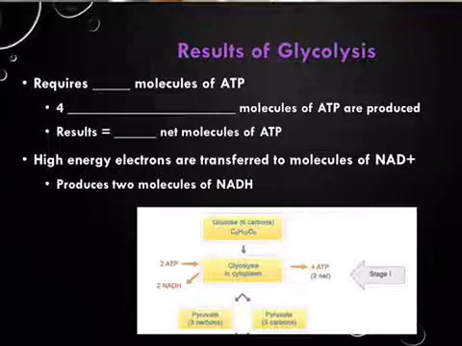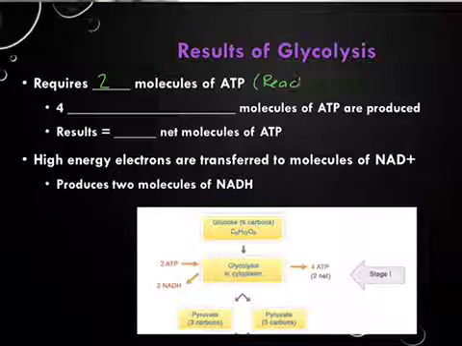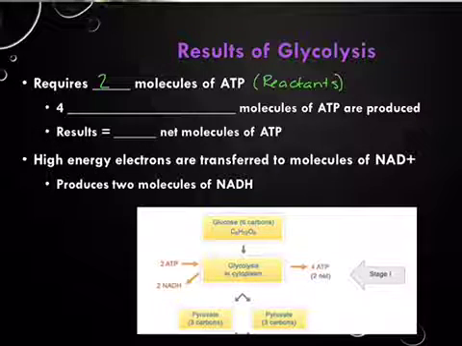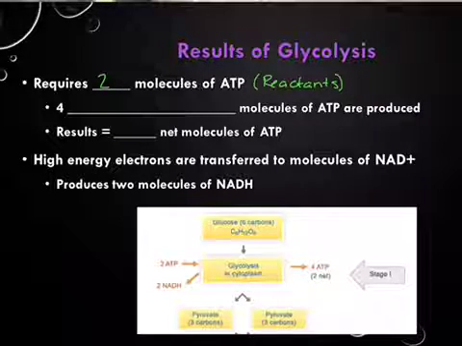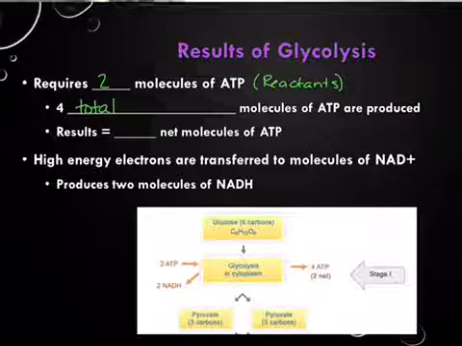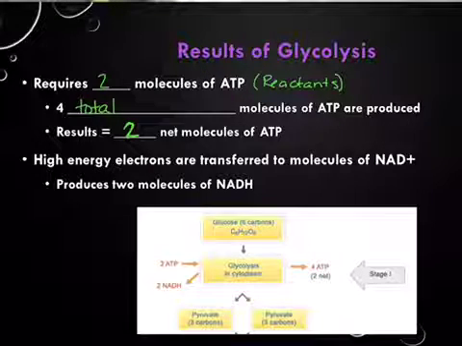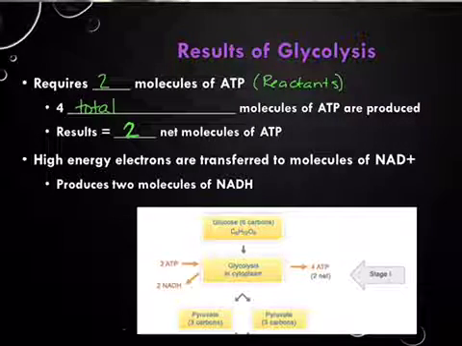So the results of glycolysis, first of all, it requires 2 molecules of ATP in order to power glycolysis. So remember that was under our reactants. And then it produces a total of 4 ATP molecules, but we only get 2 net molecules because we have to replace the 2 that were used up here.